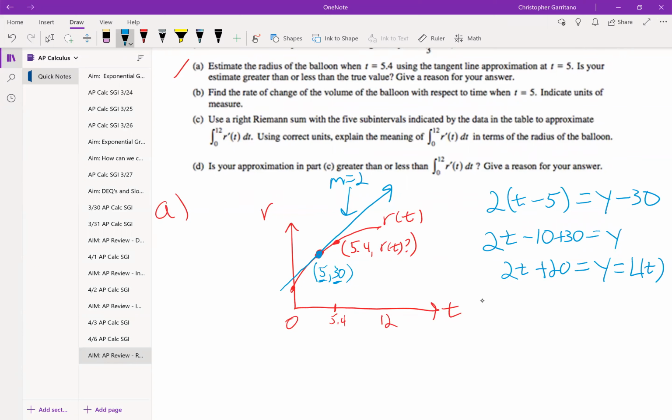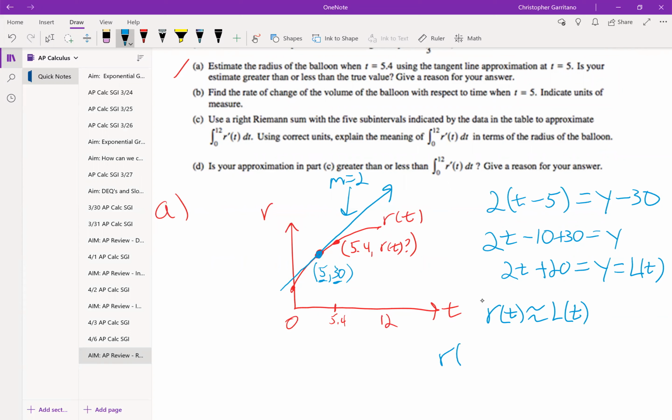So the idea is that the radius at any time t can be approximated by using this linear approximation, the equation of the tangent line. And of course, this works best with values of t that are nearby my anchor point being t equals 5. So let's do this for 5.4.